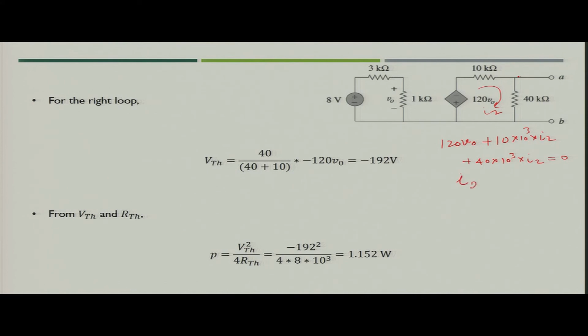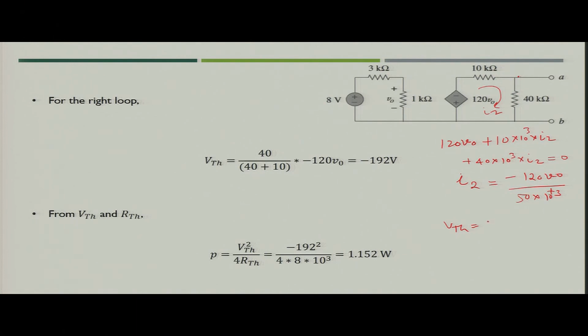So, I2 you will simply get from here as minus 120 V naught divided by 50 into 10 to the power 3. So, this you got from the loop. So, what would be VTH? VTH would be the voltage across the 40 kilo ohm.